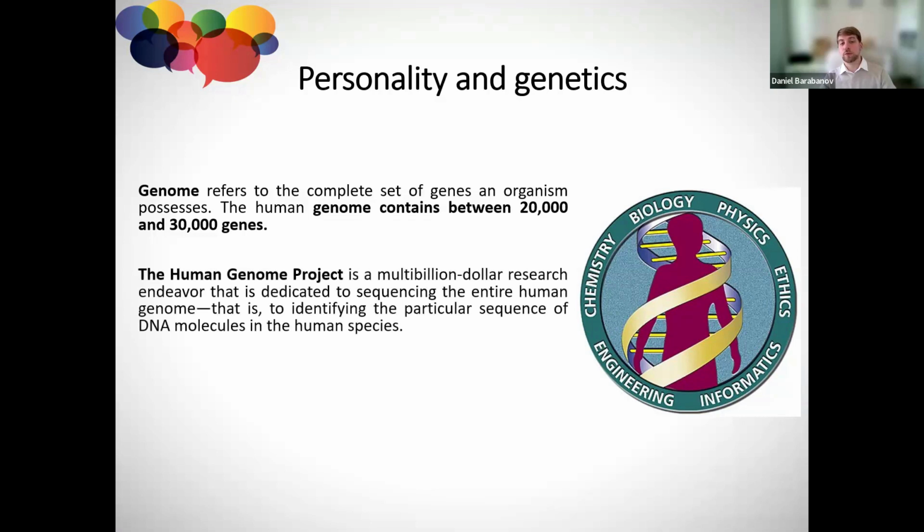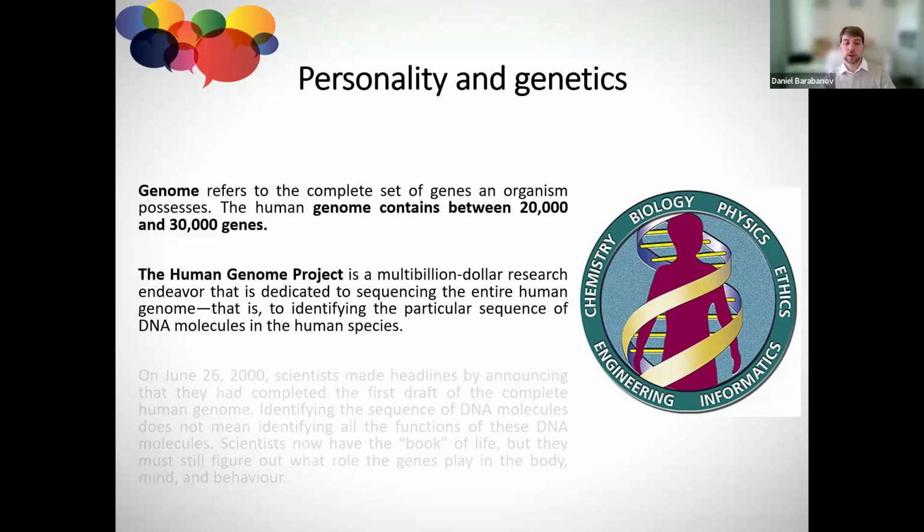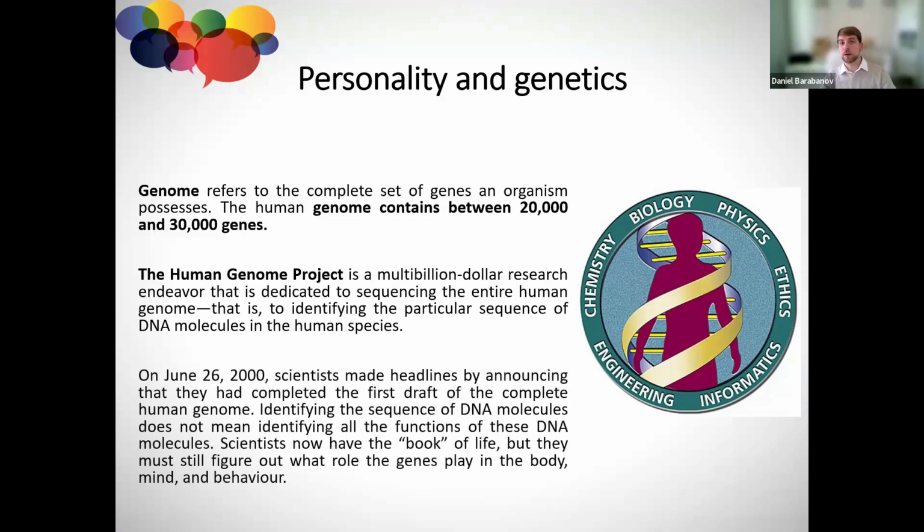The Human Genome Project was a multi-billion-dollar research project which was started in June 2000, so 24 years ago. It's quite a long story. The task was to create the whole book of all genes people have.